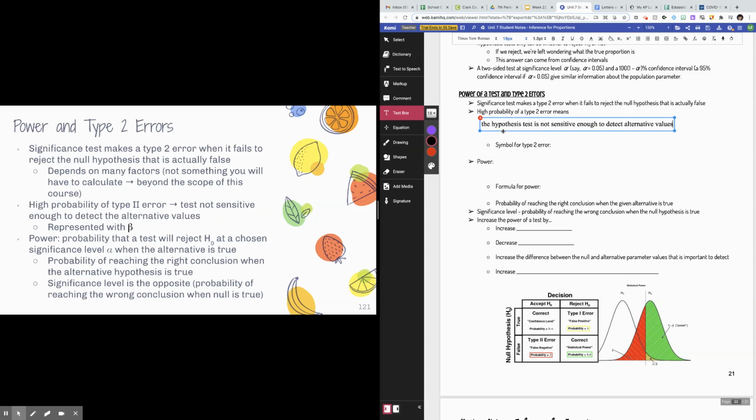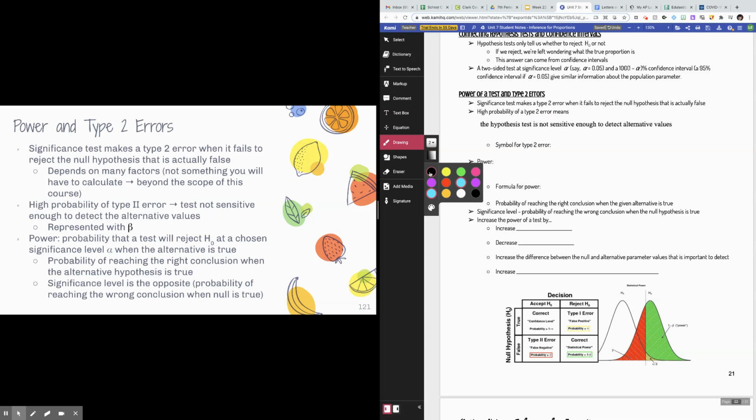Basically, it's just that your test is not strong enough. The symbol that we use for type 2 error, if type 1 error is alpha, type 2 error is beta. It's a capital B with a little tail on the end.